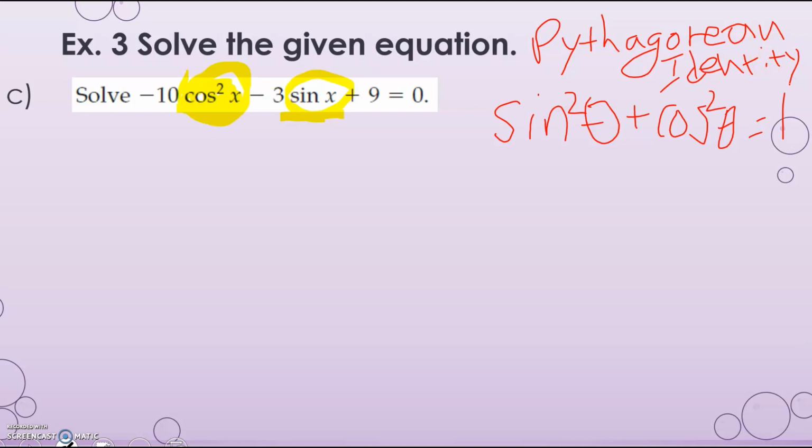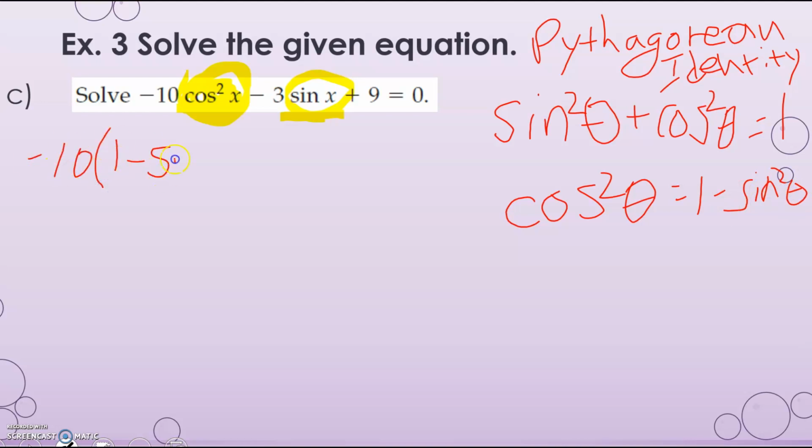So in this case, cosine squared theta is going to equal 1 minus sine squared theta, which means I can rewrite this as -10 times (1 minus sine squared theta) minus 3 sine x plus 9 equals 0. Okay, so I can go ahead and distribute.